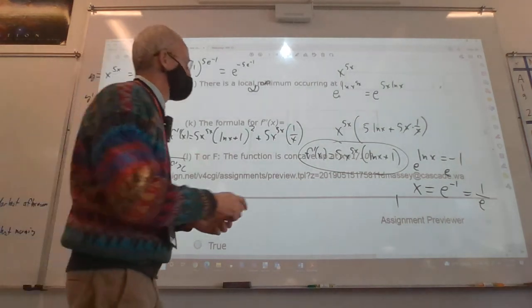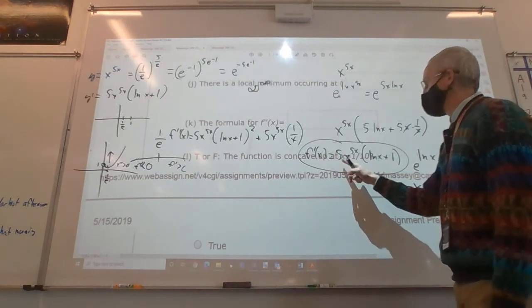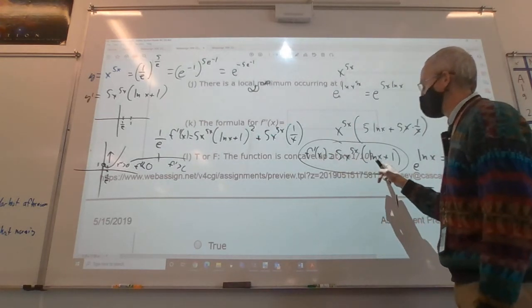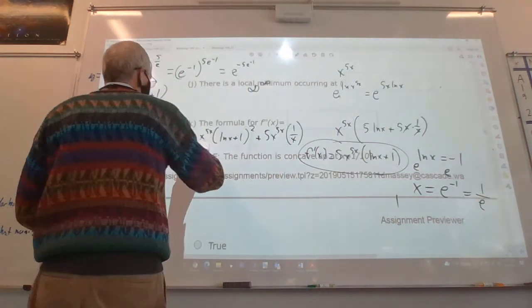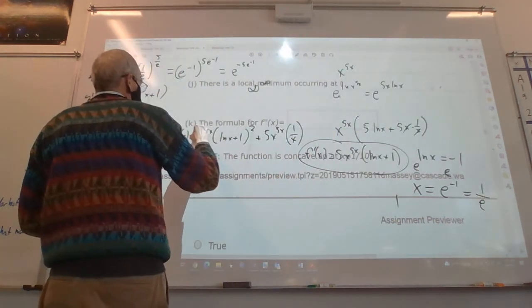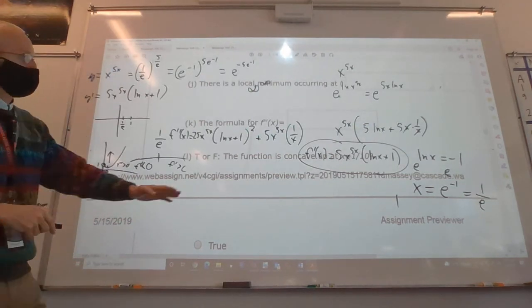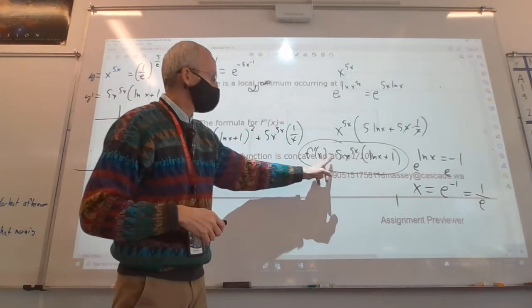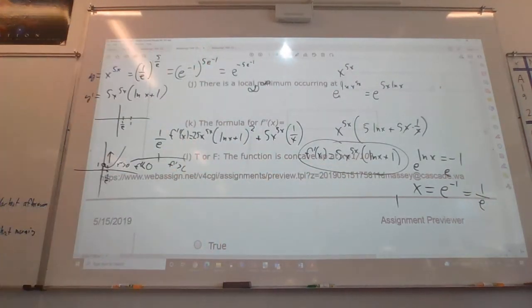The derivative of x to the 5x is this. The derivative of 5x to the 5x is 5 times that. It should be a 25 there, because the derivative of x to the 5x is this, so the derivative of 5x to the 5x is 5 times that.